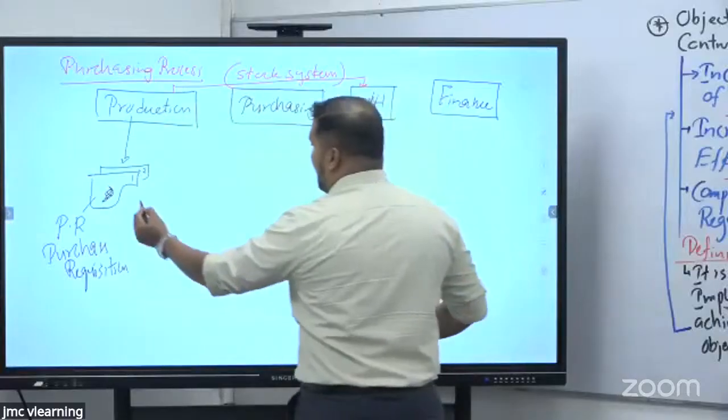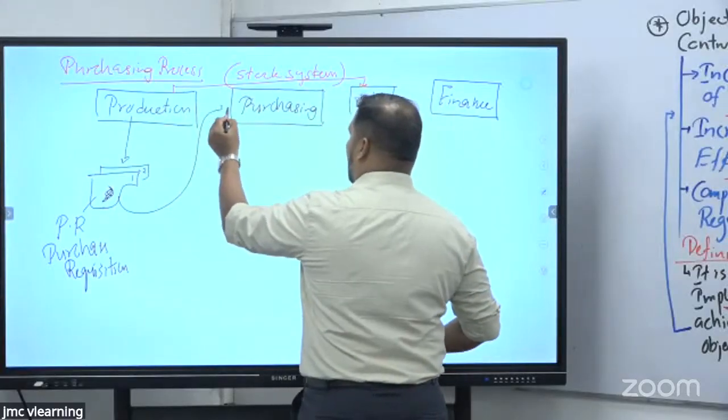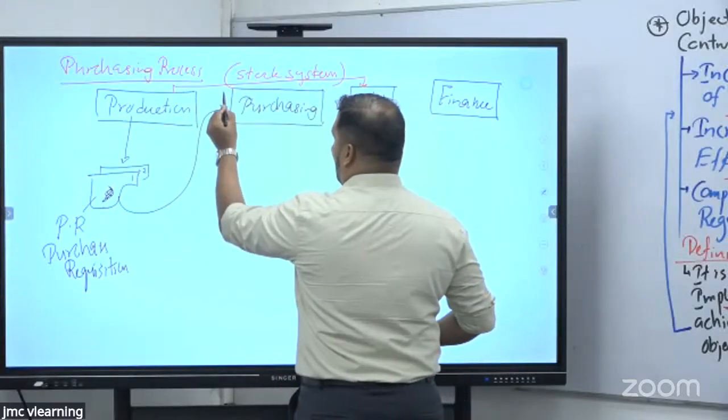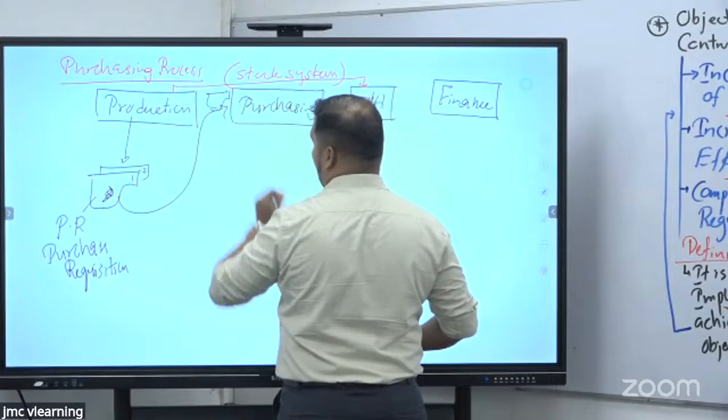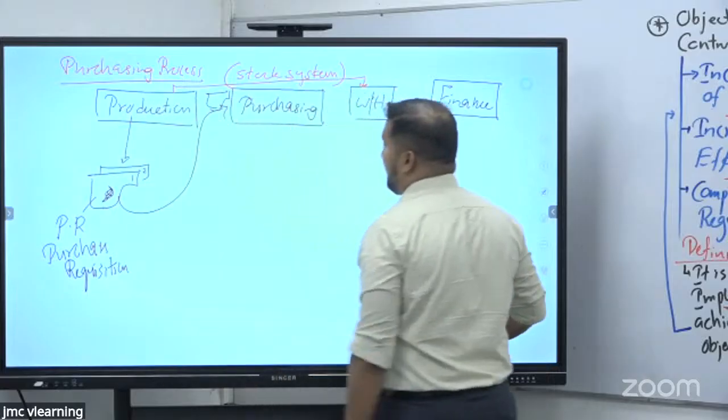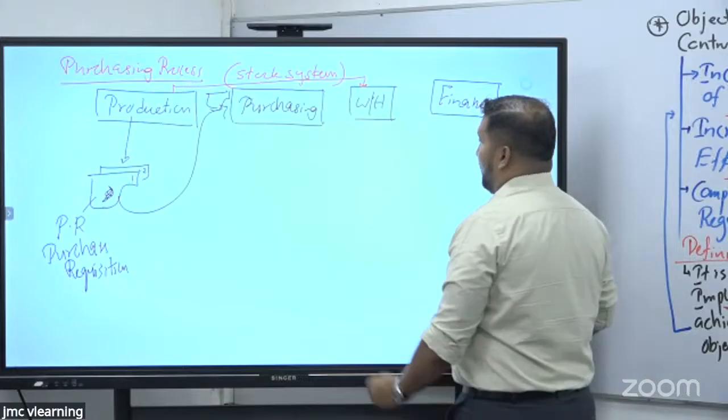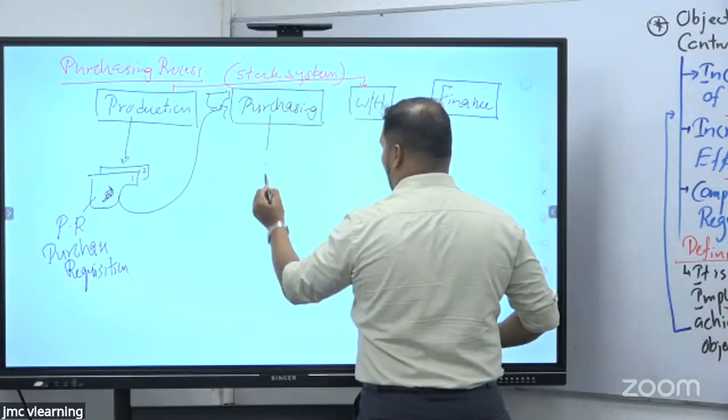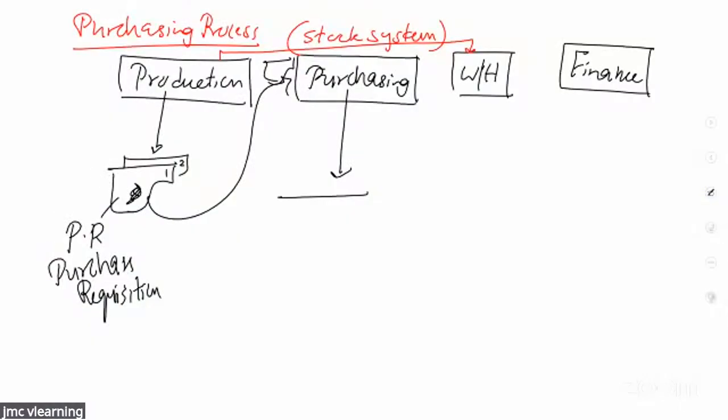Then the original requisition goes to the purchasing department to purchase the raw materials, and the second copy is kept as a book copy with them. Based on the approved PR, the purchasing department will prepare a document in 4 copies that has to be approved by the purchasing manager.